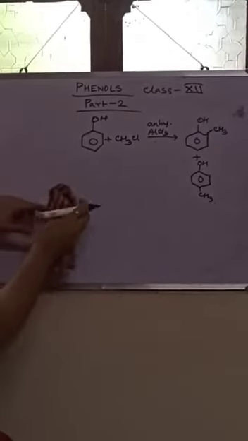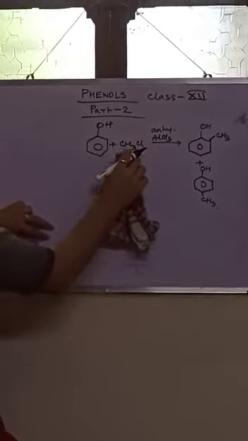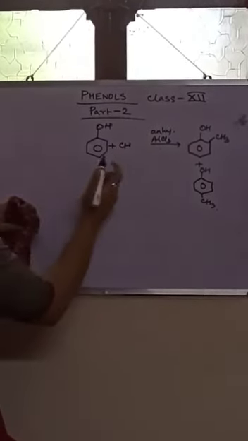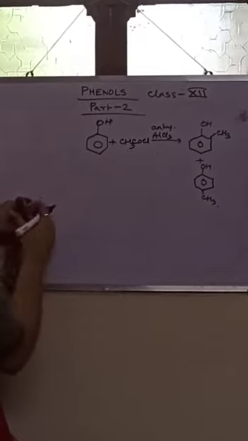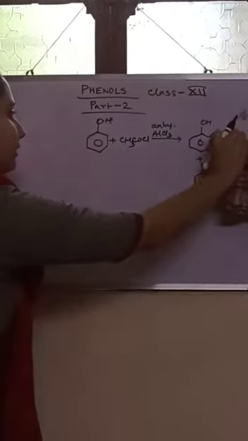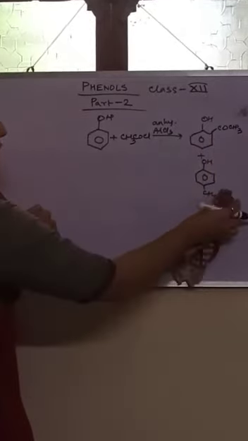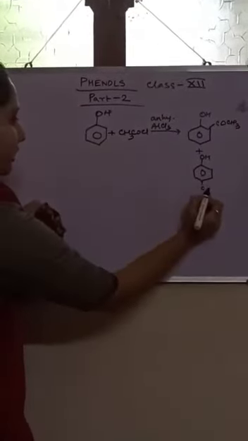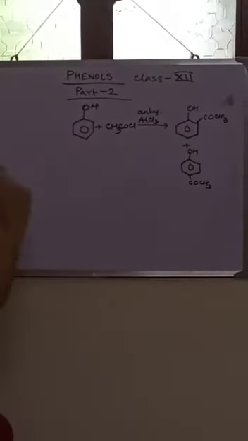In case of Friedel-Crafts acylation also, we will use anhydrous AlCl3 and the reagent will be CH3COCl. COCH3 will be substituted at the ortho position and at the para position. We will get the ortho isomer and the para isomer.